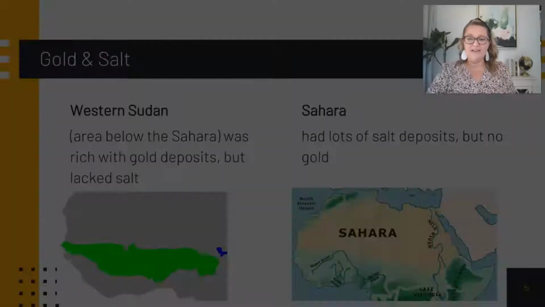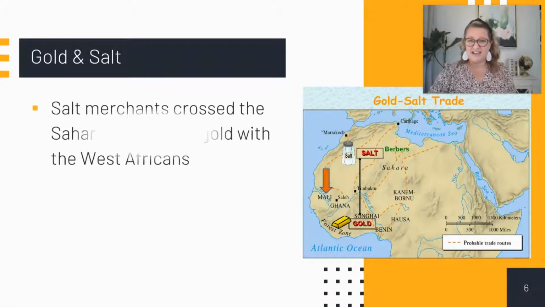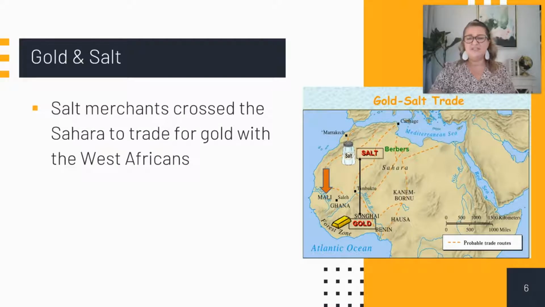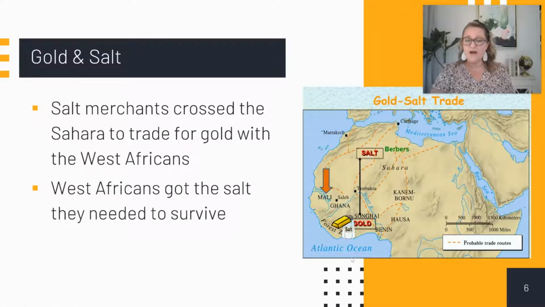And so what we end up with is a transaction, a trade. So salt merchants, as we see in this map here, would actually cross the vast Sahara Desert to trade with the West Africans down here. Now, West Africans got the salt they needed to survive.